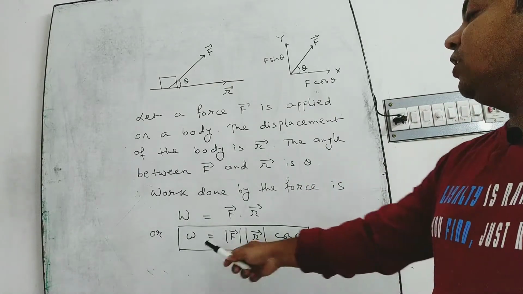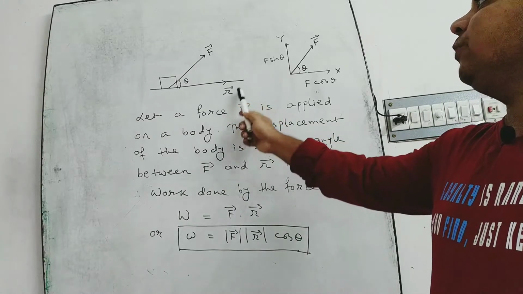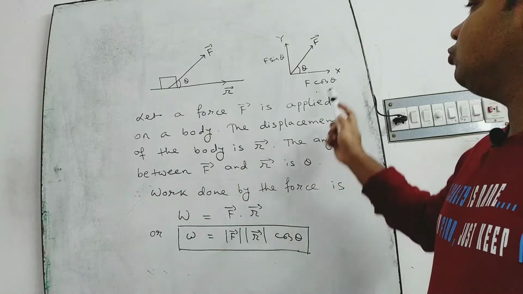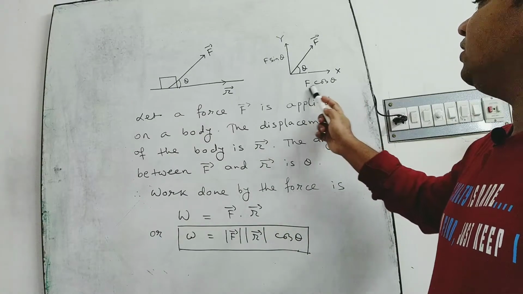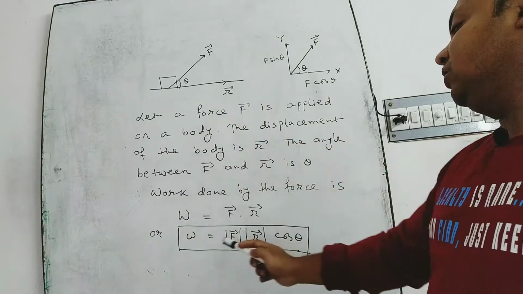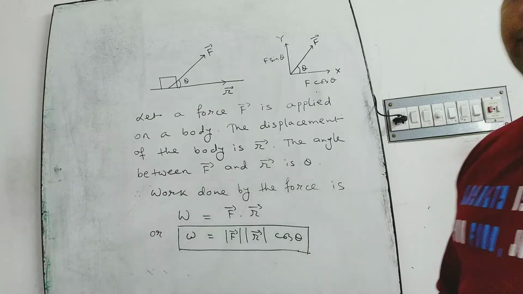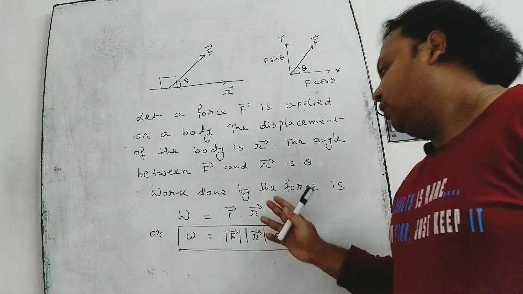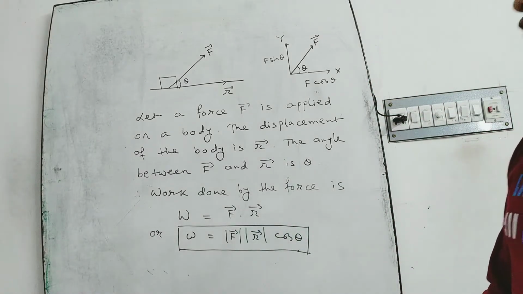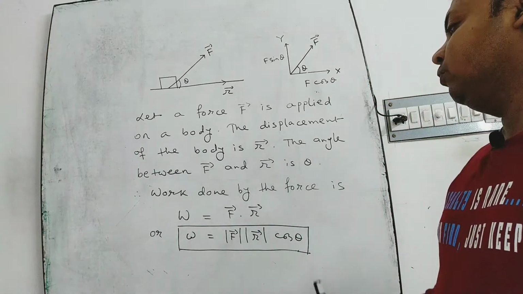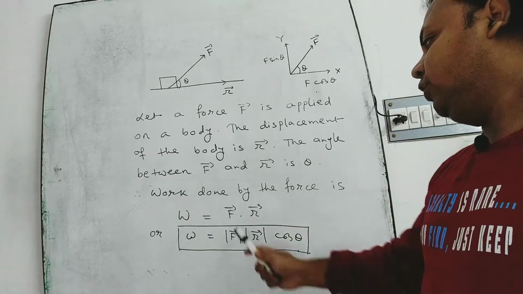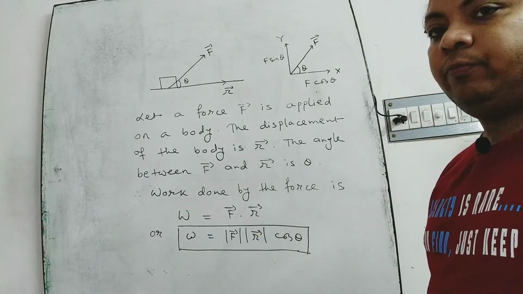That is, work done is equal to the magnitude of the displacement of the body, r, into the component of the force, that is F cos theta, along the displacement of the body. To find the work done by the force on the body, we can apply the dot product between the F vector and the r vector.